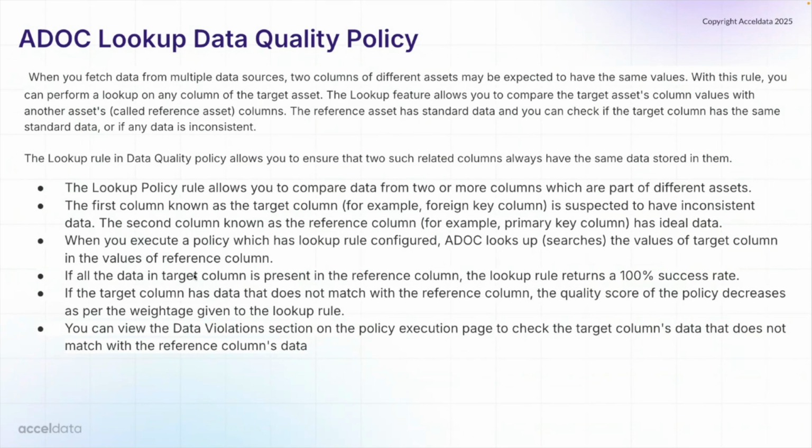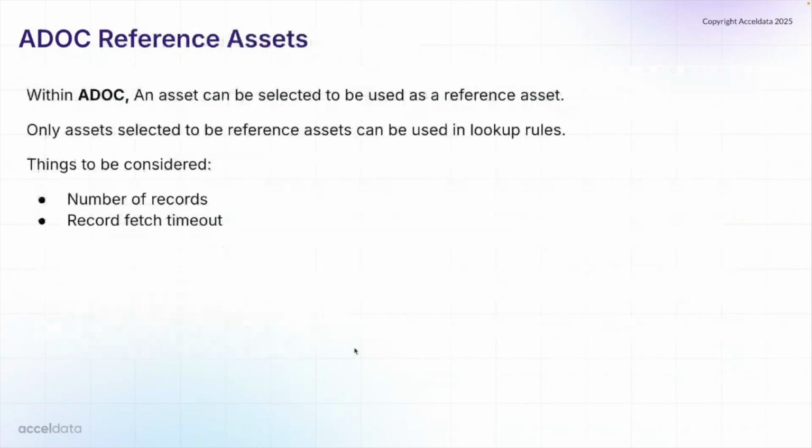If all the data in the target column is present in the reference column, then the lookup rule will give you a 100% success rate. If there are inconsistencies between the data in your customer table and the country table, the quality score of the policy decreases as per the weightage that has been configured. You can also view the data violation section on the policy page to check the target column's data that does not match with the reference data.